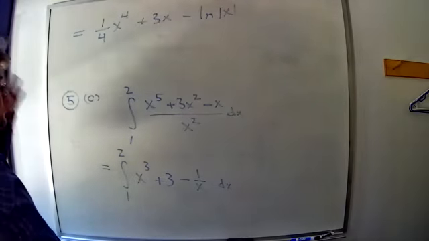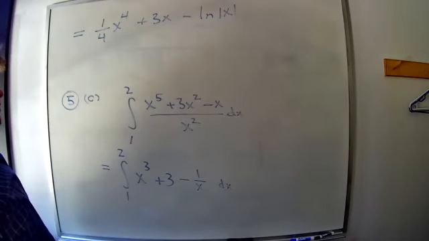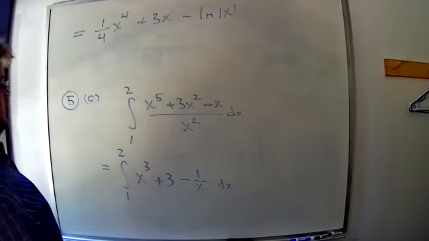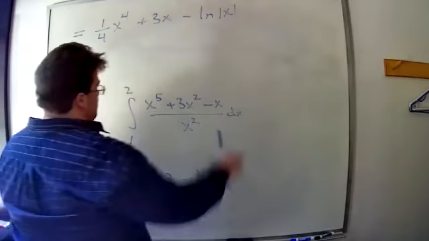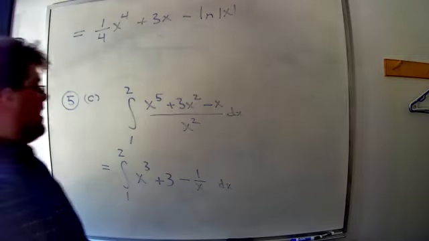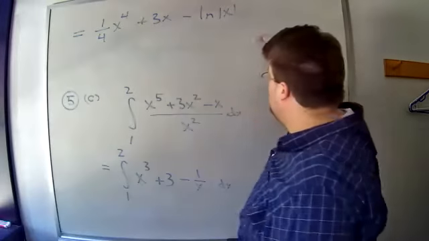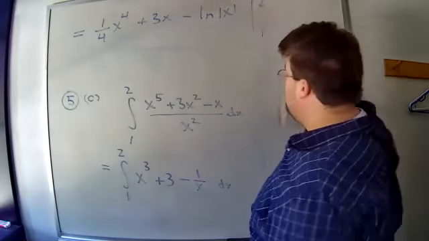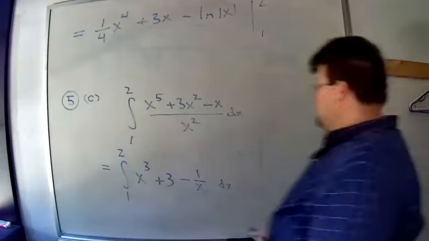Since it's 1 to 2, you technically don't have to worry about the absolute value, but in Calc 2, you'll do a bunch more integrals, and it's a pretty good habit to get into just throwing the absolute value on it, in case you're asked for an indefinite integral. Here, we're evaluating 1 to 2.